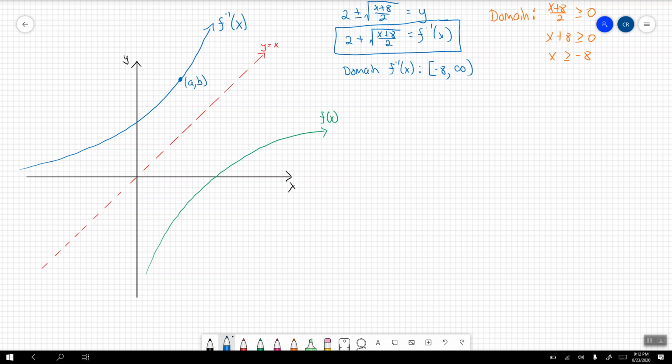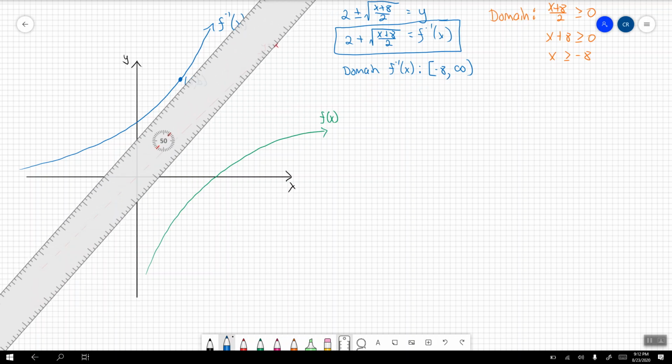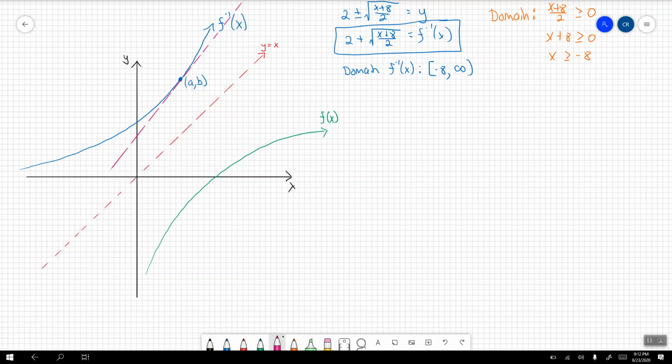Well, to find the rate of change, that means we're going to need to take a derivative. Or, better yet, we can find a different definition for it if we start including the tangent line at that given point. Now, remember, the tangent line at that given point, I'm going to call this line L1.